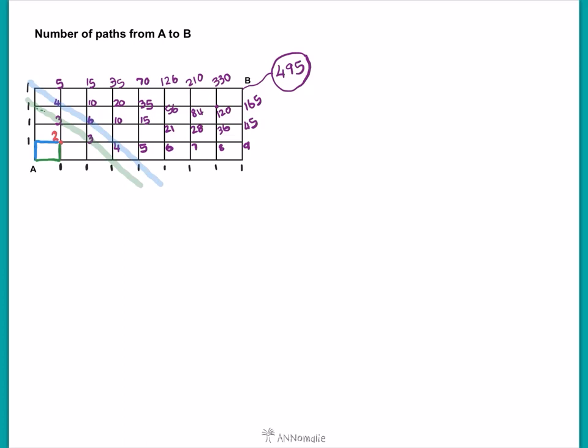And here we've got the 5, 10. So you can clearly see that this results in a Pascal's triangle. We also know that the binomial coefficients have a clear link to Pascal's triangle. How can we tie all of this together to find the number of paths?